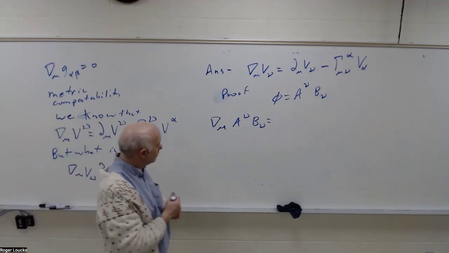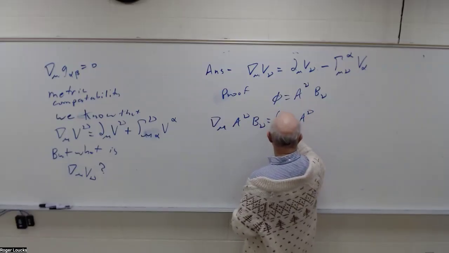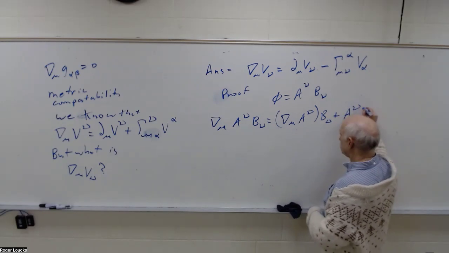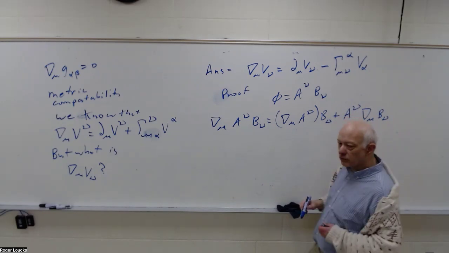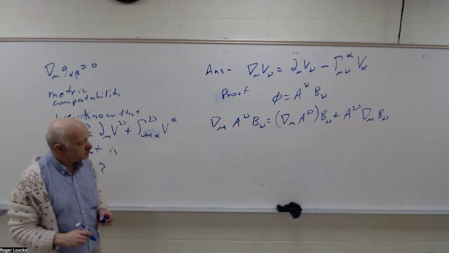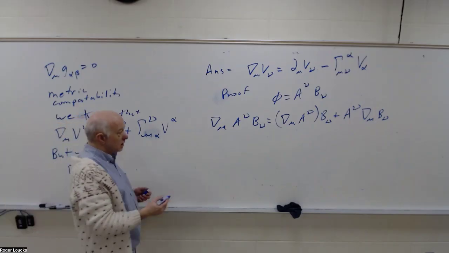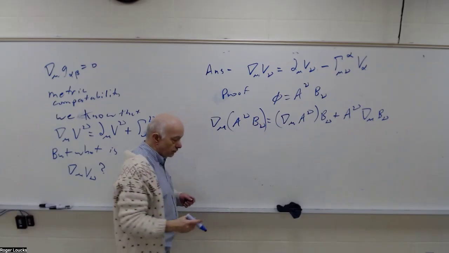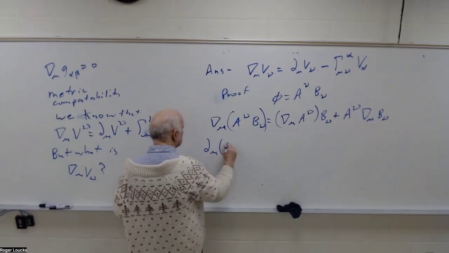Product rule. So this has to equal this. But it has to equal something else too: the partial mu of phi. This right here is a scalar under a general coordinate transformation. So this has to be the same thing as this.